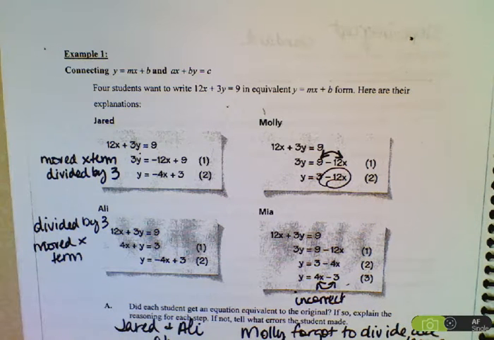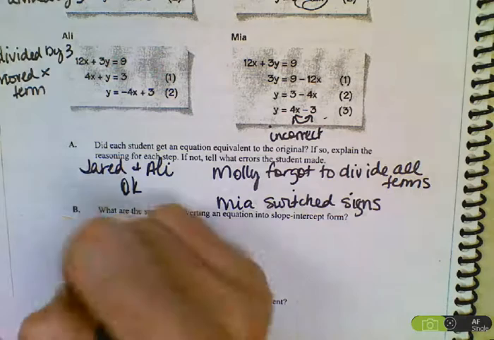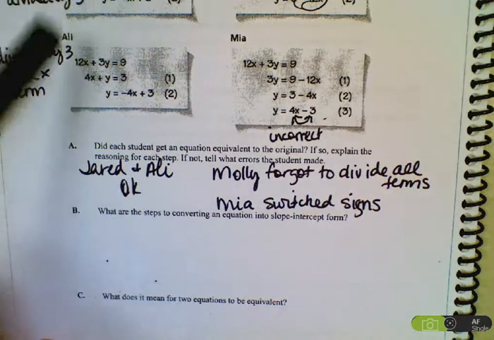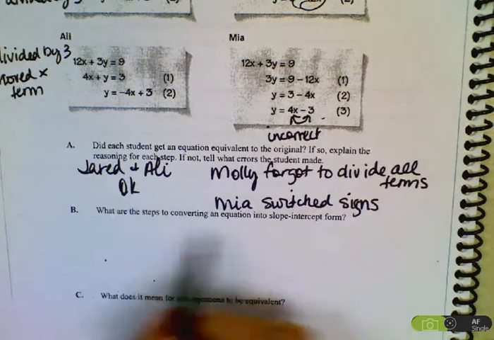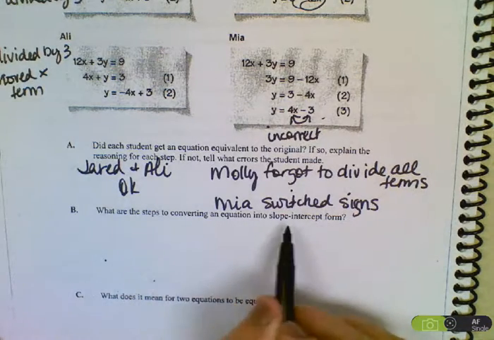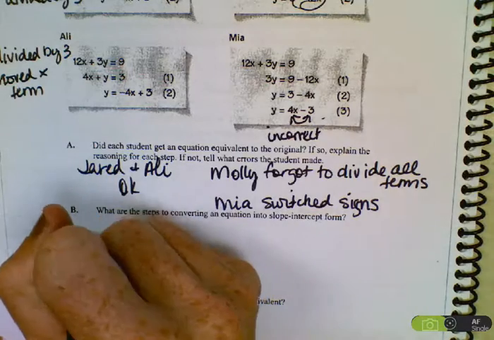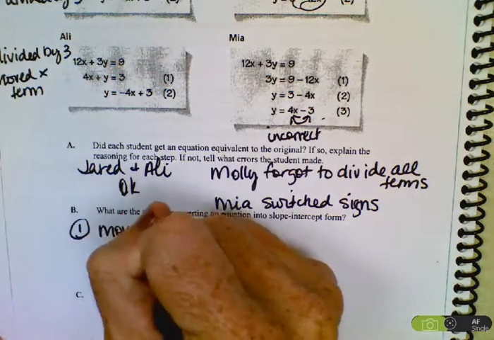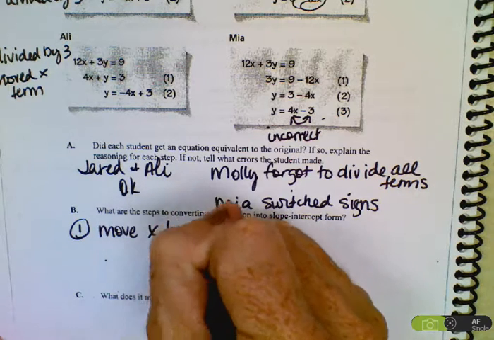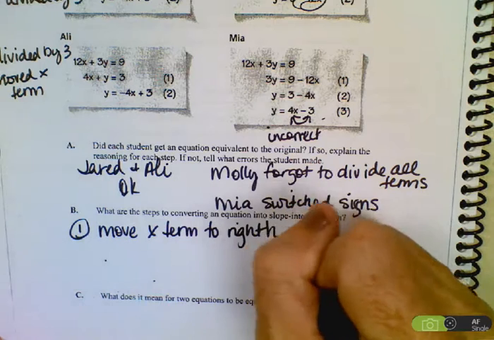So what are the steps to converting an equation into slope-intercept form? And this is nice because it's exactly, count them, 2 steps. And we can see that Jared and Allie did both of those steps, but in 2 different orders, which is totally fine. So the steps to converting from standard form to slope-intercept form: the first step is to move the x term to the right-hand side.